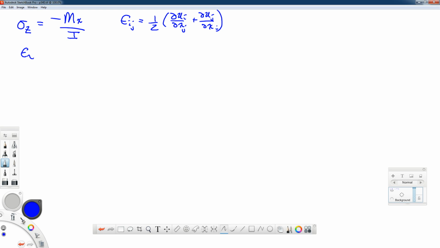So epsilon z is going to be equal to sigma z over E. Epsilon x and epsilon y will both be equal to minus nu sigma z over E. Now strain displacement tells us that, let's write them over here, epsilon x is equal to the partial of u with respect to x.